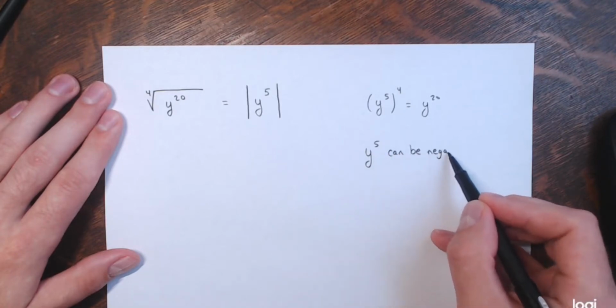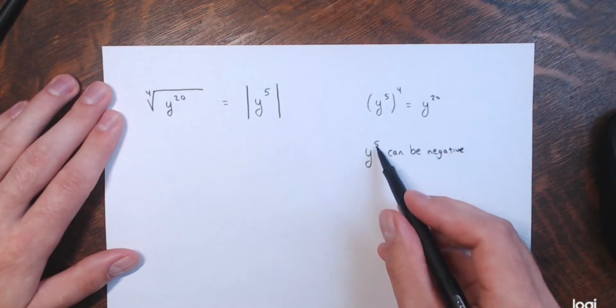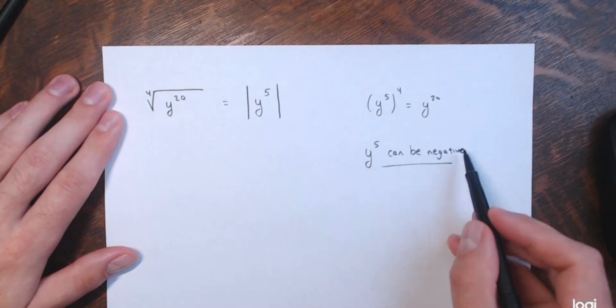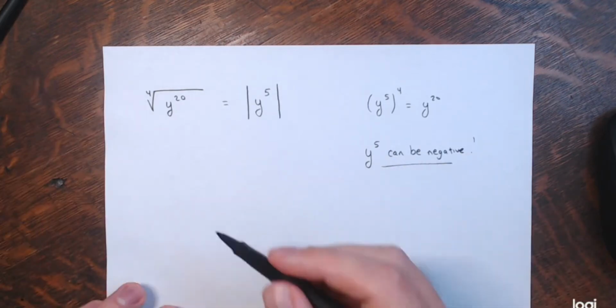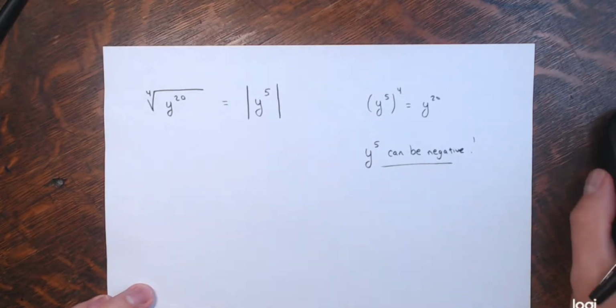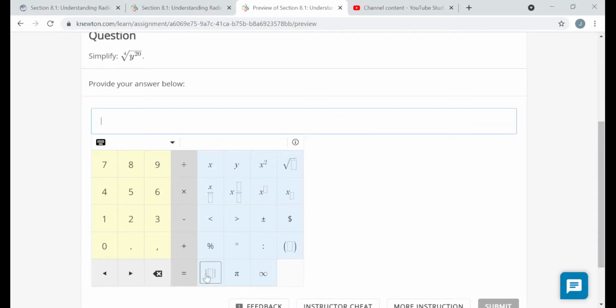It's negative when y is negative. If you replace y with a negative number, odd powers are negative. That's why I need to throw some absolute value symbols around that. So once again, be sure you're entering your absolute value symbols. Absolute value of y raised to the fifth power.